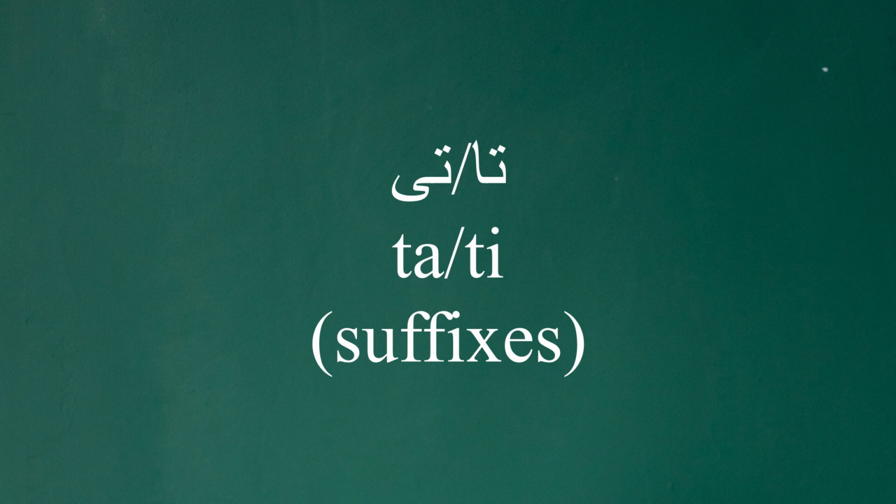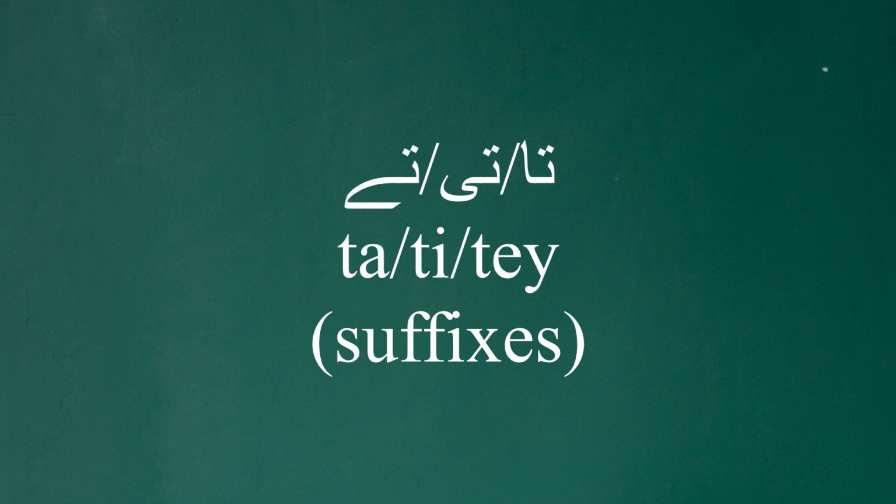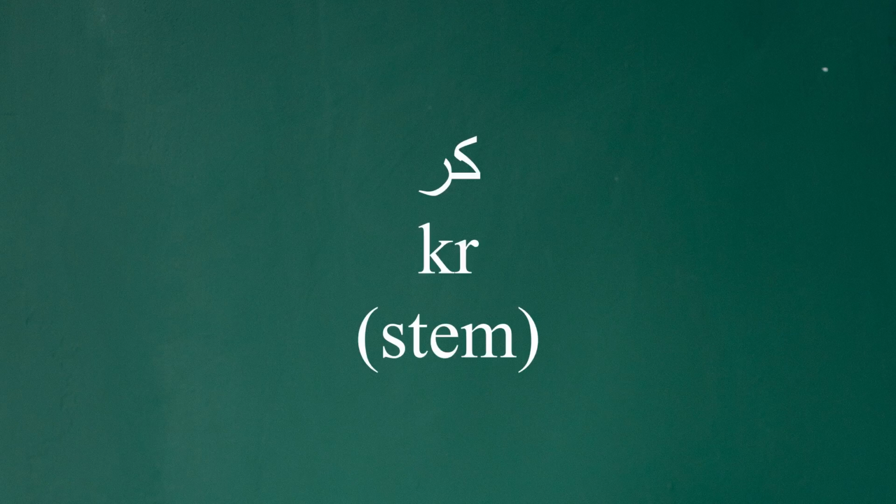Ta for men and ti for female. Another suffix is te, which is for men, single man or many men. But today we're going to use 2 suffixes, ta and ti. Now let's take our verbal stem, kar, and attach a suffix to it.